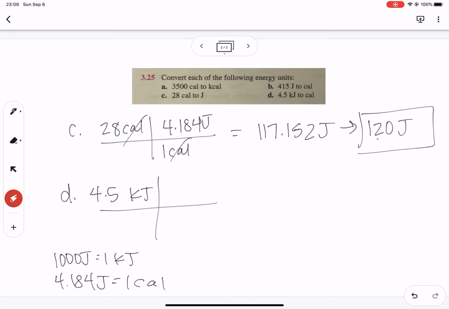All right, so we're starting with kilojoules up here. That means kilojoules needs to be down here. So that's 1 kilojoule, and that's equal to 1,000 joules.